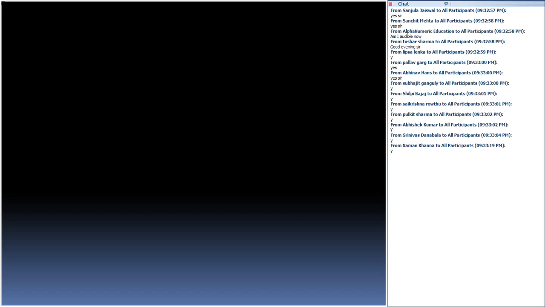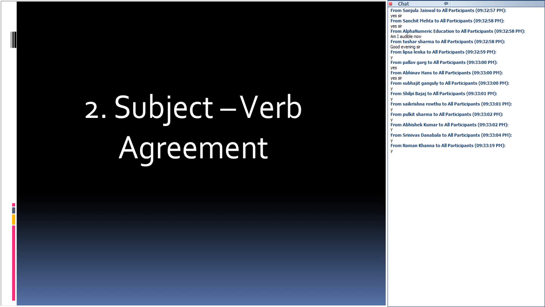Okay, so yesterday we talked about modifiers. That was pretty simple. So today we are going to talk about the second error type, that is subject verb agreement.